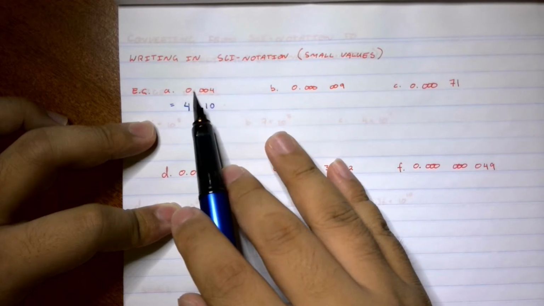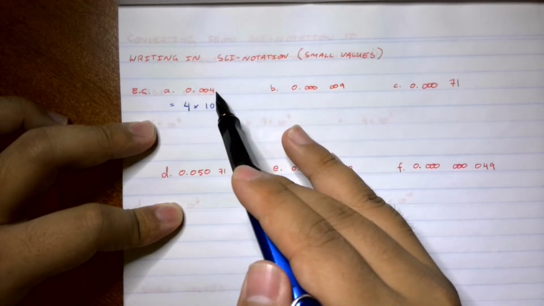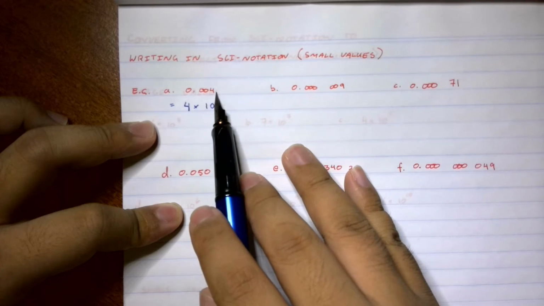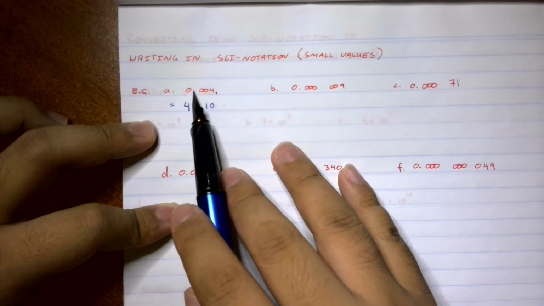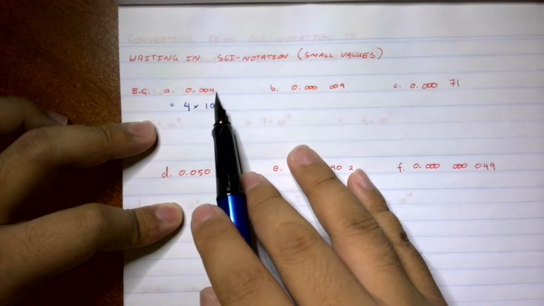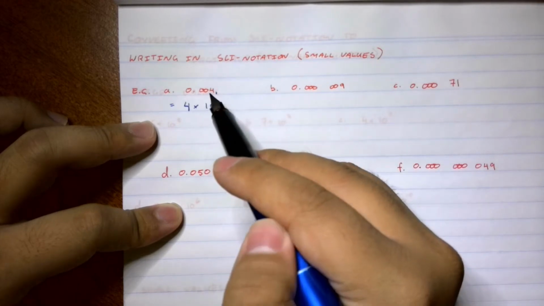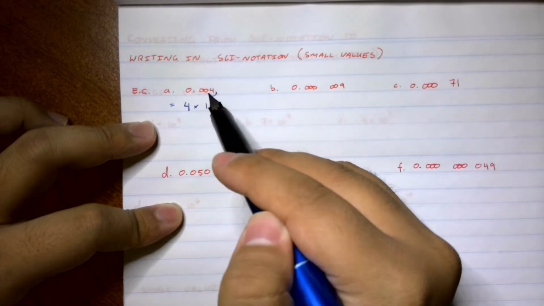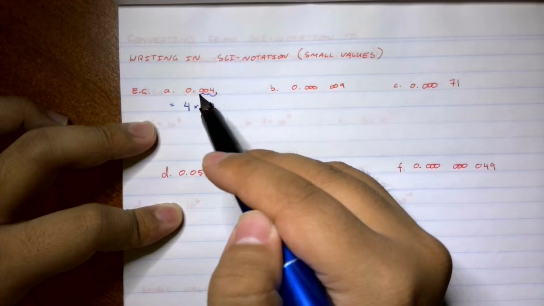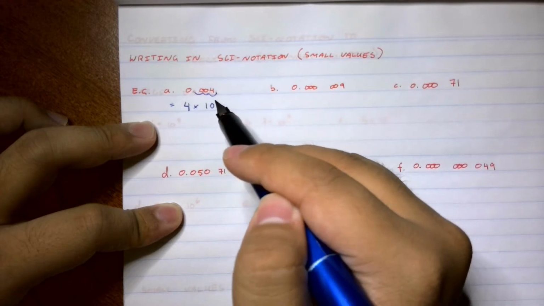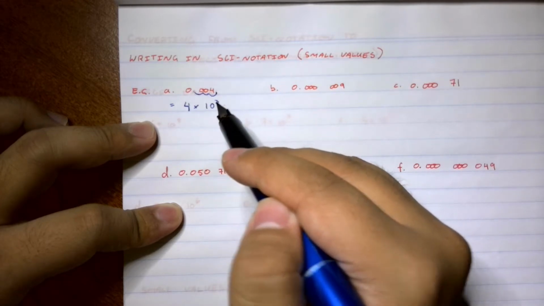But since this decimal place is going to be moved here, we count how many spaces in between it takes to get there. So we count how many leaps. It's going to be 1, 2, 3. So it's 4 times 10 to the power of 3.